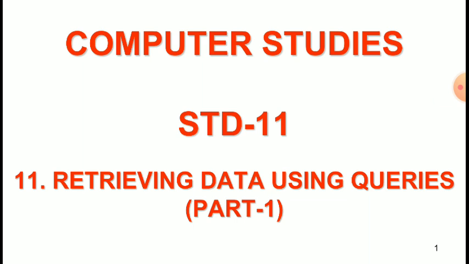In the previous chapter, we mentioned that a database is a huge collection of data. Now think of a situation where we want to retrieve information from a database. Suppose we want to send information about Independence Day offers to our customers.